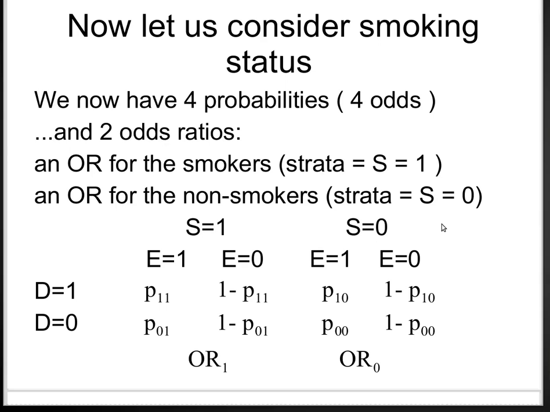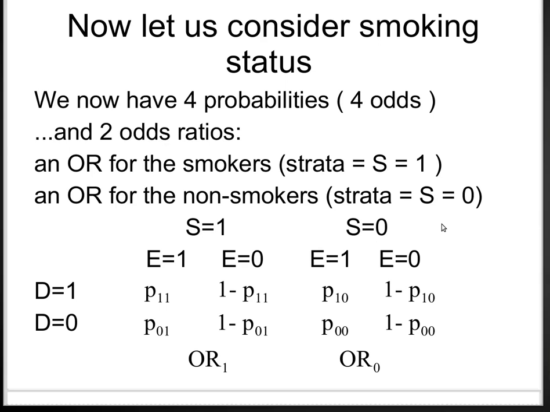And what do we get? Well, we get the population version of two 2x2 tables. We get the 2x2 table for the smokers with s equals 1, and the 2x2 table for the non-smokers with S equals 0. Here you can see I'm using the codes for things here, illustrating things.